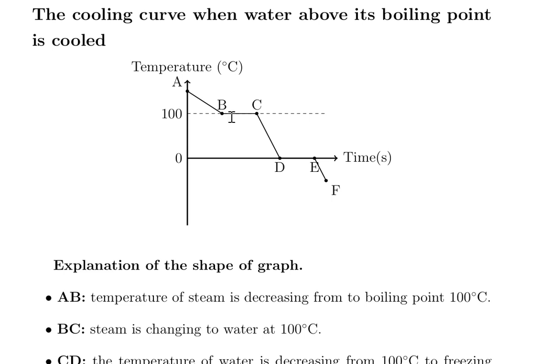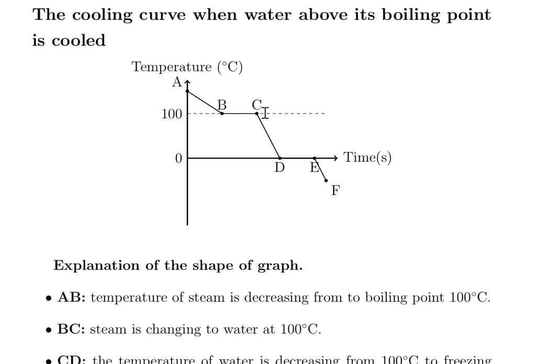Now between points B and C, we expect a change of state from vapor to liquid, and that occurs at a constant temperature.